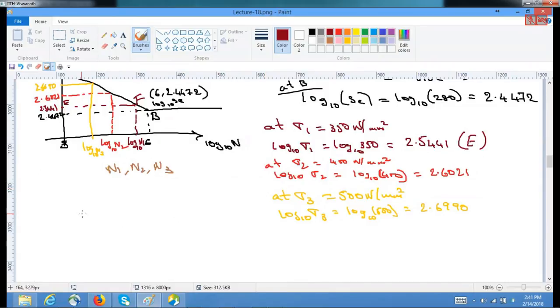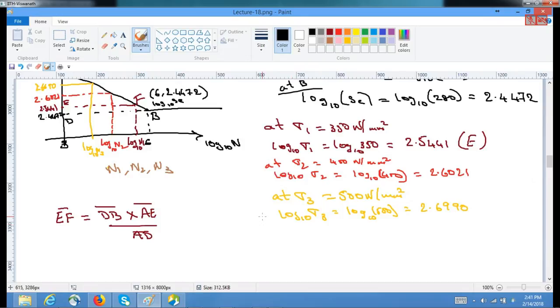EF bar is equal to DB bar into AE bar divided by AD bar. Here this is the point D, where the endurance point is there. This is the E point at which we want to get things, using the equation of a straight line or similar triangles. One can write this form.